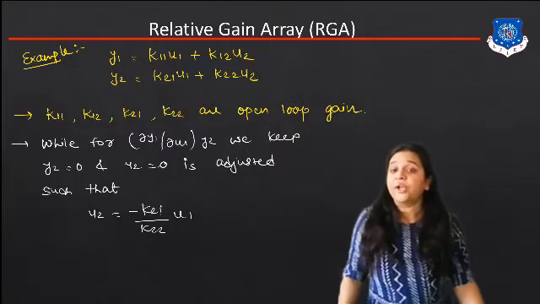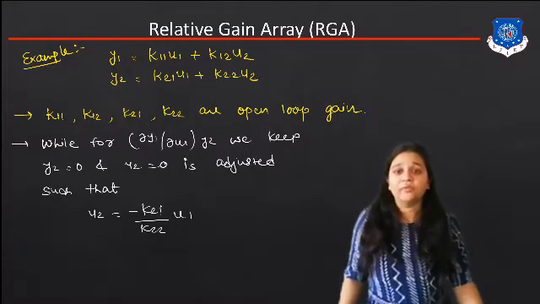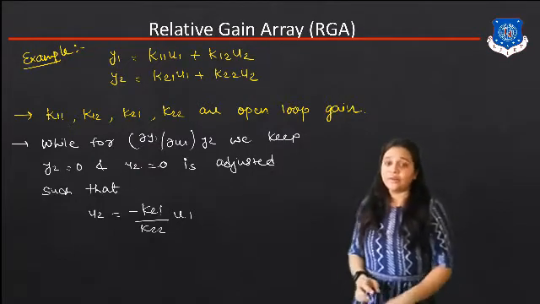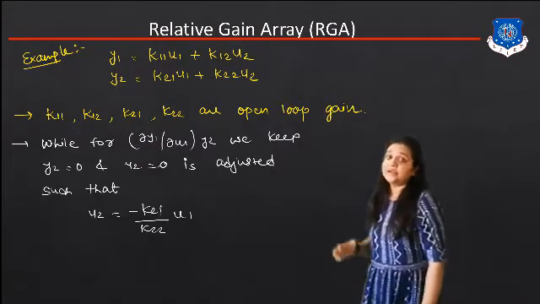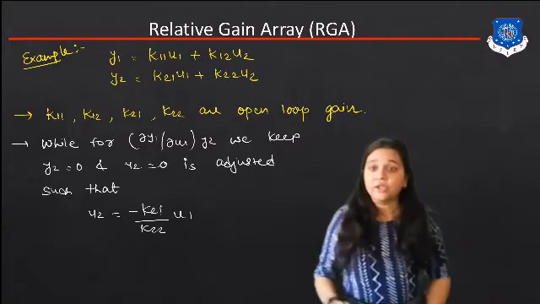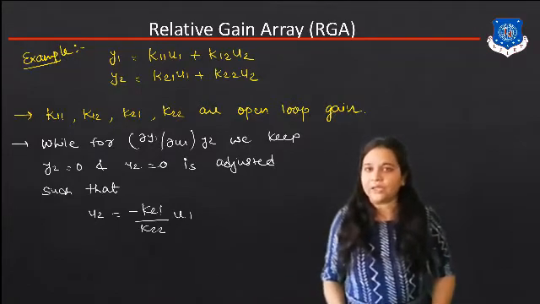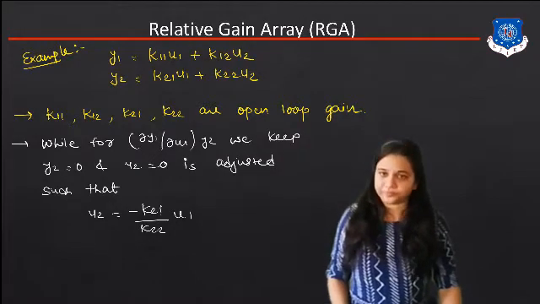While for dy upon du1, we keep y2 equal to 0 and u2 is adjusted such that we get u2 equal to minus k21 upon k22 u1.